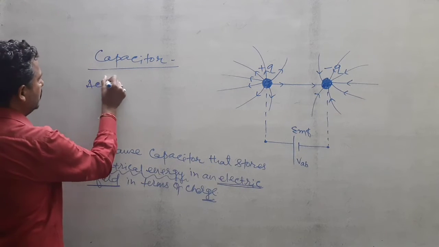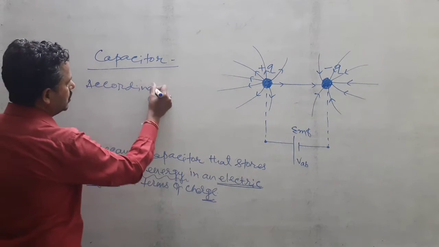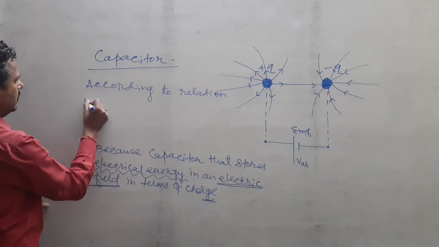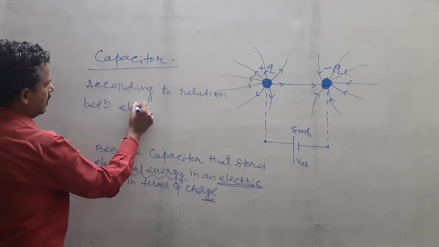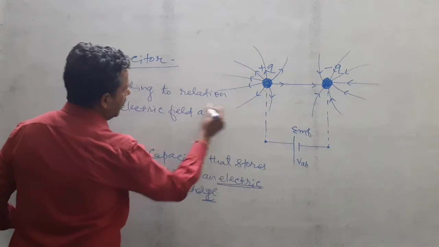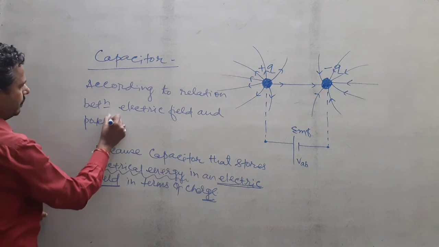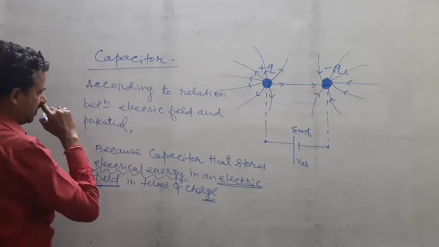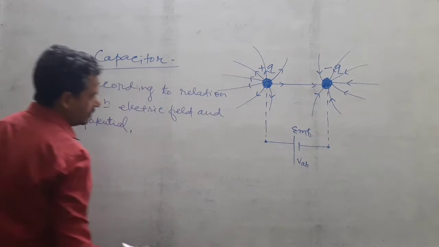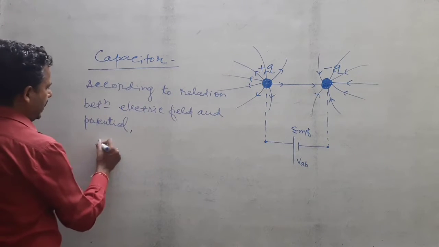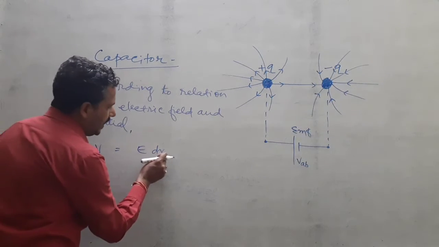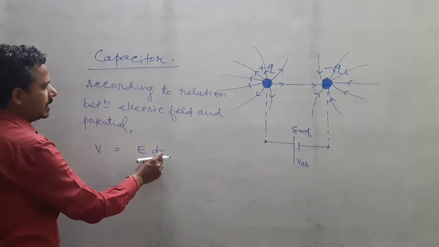According to the relation between electric field and potential, V is equal to the integral of E dr. Here dr is a small distance in the separation.